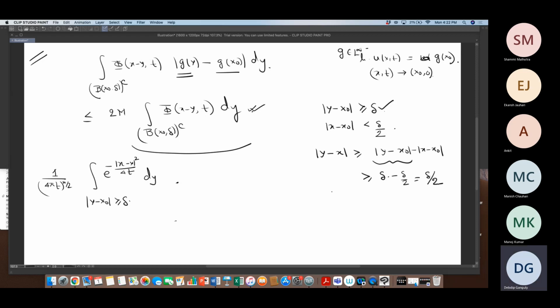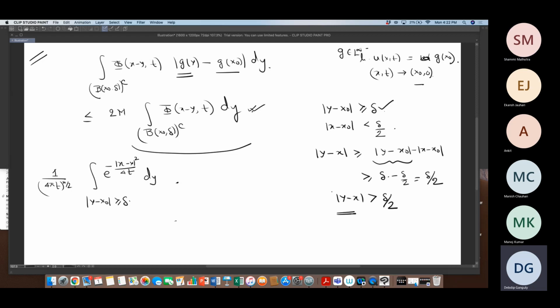Whenever y minus x naught is greater than delta and x is very close to x naught, I can always have y minus x greater than delta by 2. Not x naught, this is x. Is that true? Is that okay?